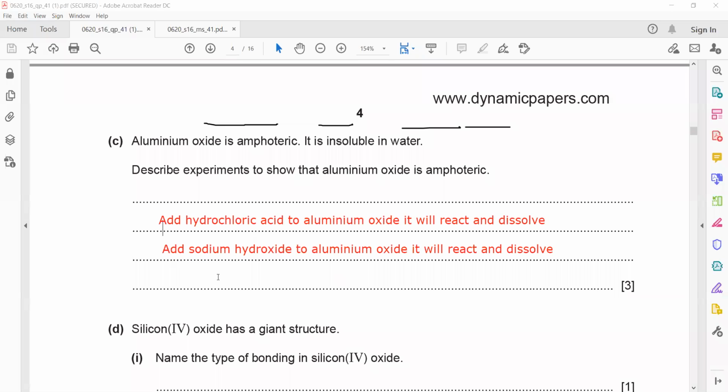So if it reacts with both acid and alkali, which shows it is amphoteric.